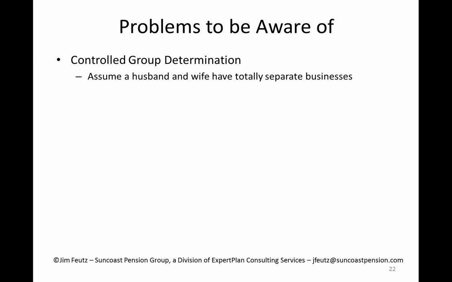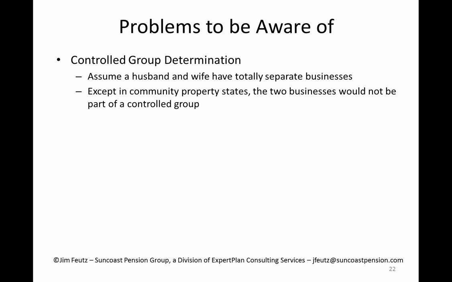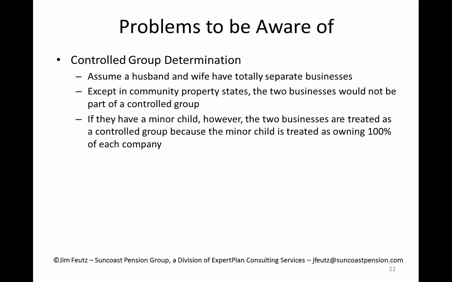Now, if a husband and wife have totally separate businesses and they aren't employees of each other's business and they don't run each other's businesses, they're totally separate, then accepting community property states where both of them are deemed as owning the business, the two businesses would not be part of a controlled group if they don't have any minor children.